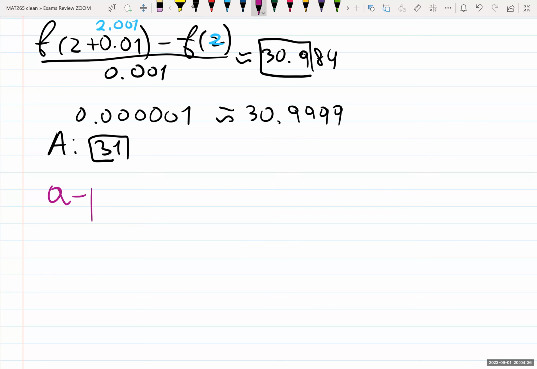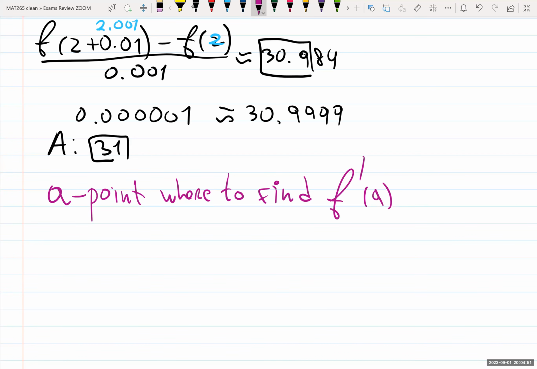A is the point, usually. The point where to look, or where we're looking to find something. Usually it's f prime at a. So a should be a fixed number. Sometimes a is called x sub 0. That's what probably confuses you. X sub 0 or original, first one.